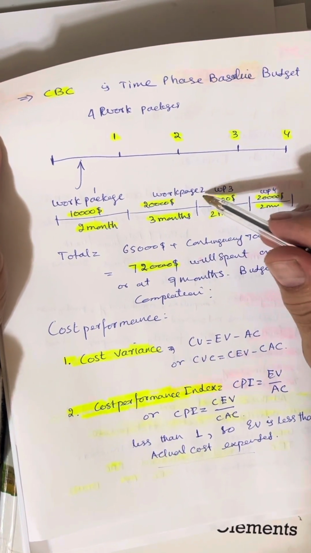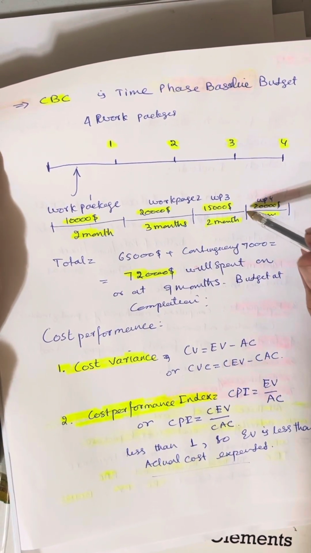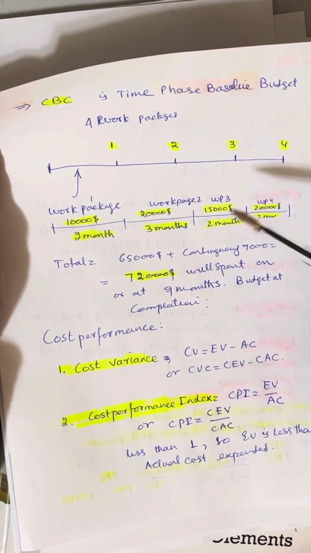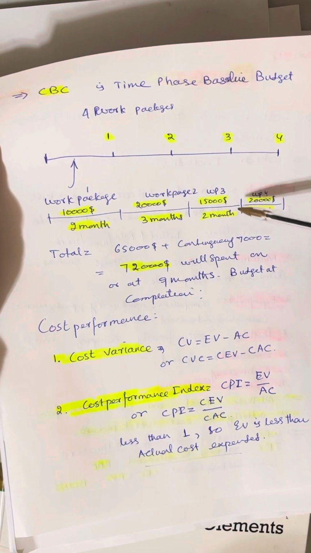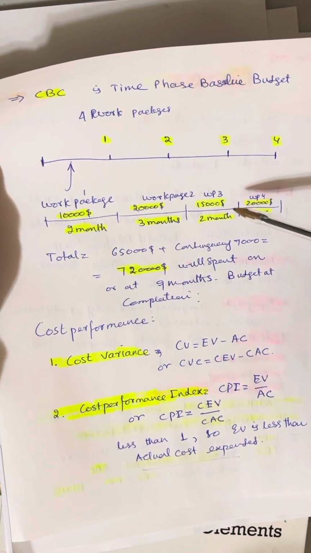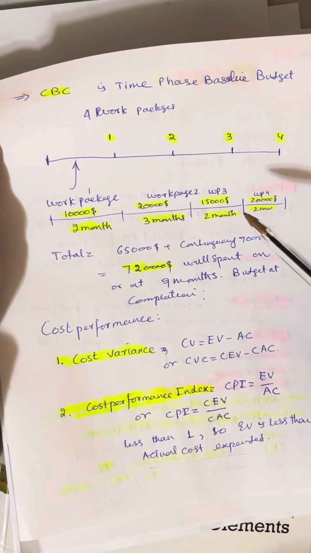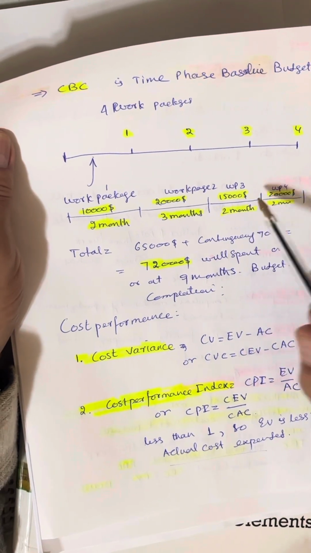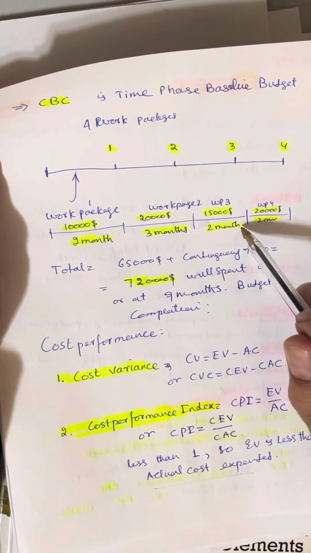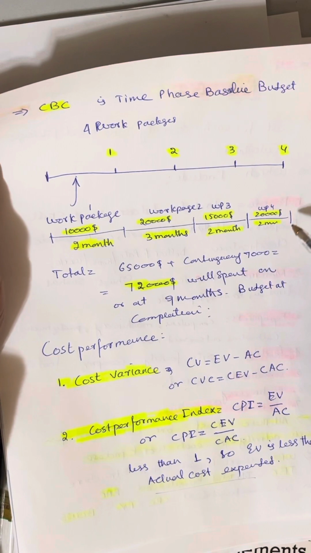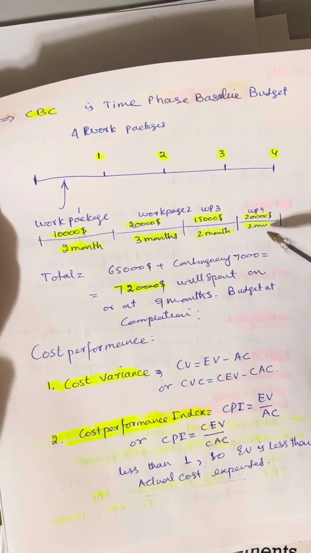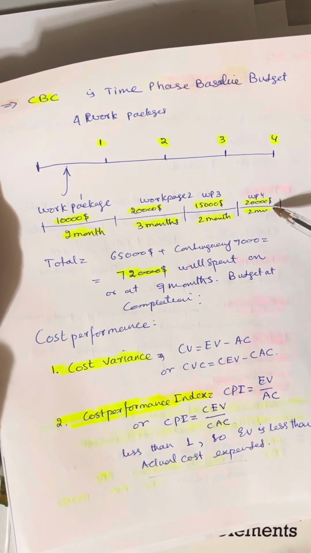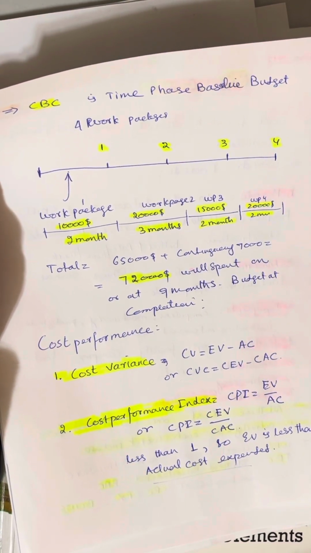The third work package, a deliverable, takes 2 months, and the cost of all its activities, including machinery, resources, everything and contingency, will be $15,000 to be spent in 2 months. The fourth package takes 2 months, and the cost is $20,000.